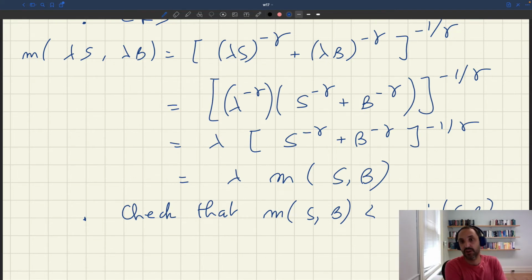And we said with Cobb-Douglas there was an issue that the number of trades could be more than the short side of the market, which would require us to impose that extra constraint that we want to take the minimum of Cobb-Douglas and S and B. Here it's not going to be the case. The CES matching function is always less than the minimum of the two arguments.